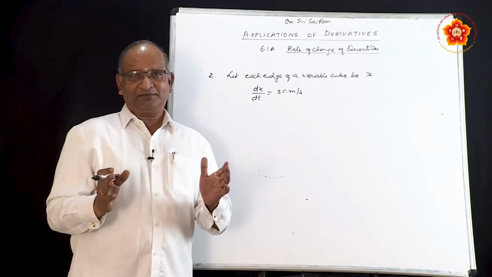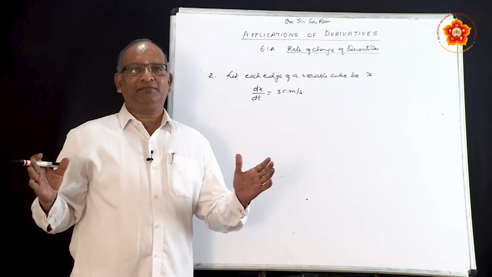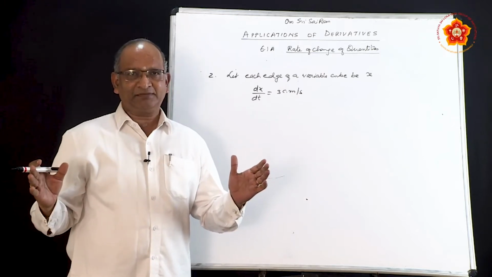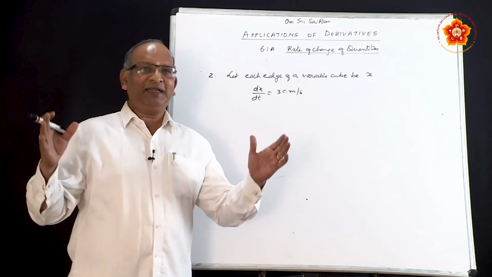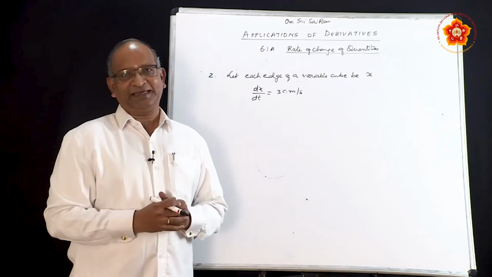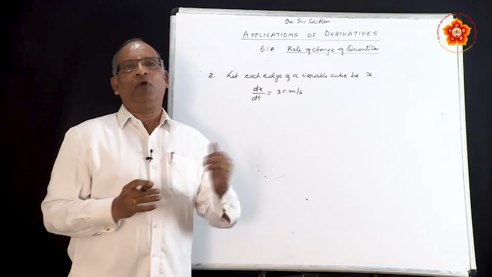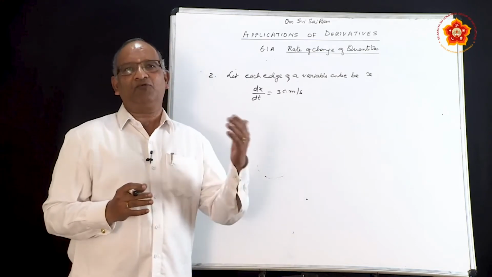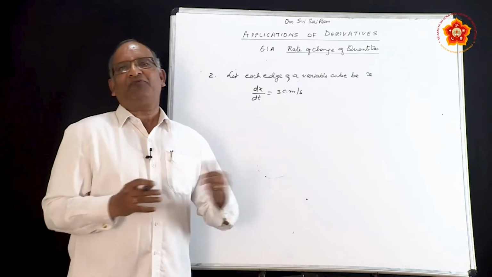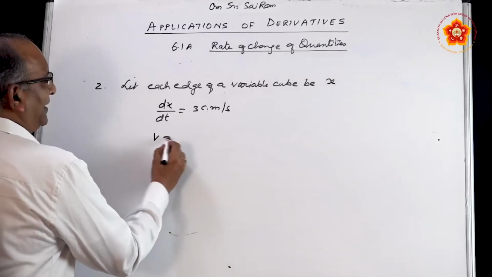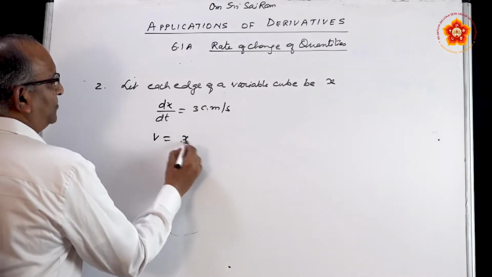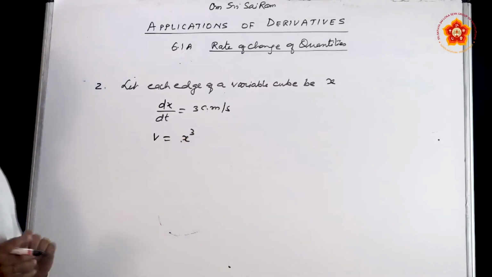We know that when one dimension increases, simultaneously the area will increase, simultaneously volume also will increase. He is asking what is the change in volume, what is the rate of change of volume. So, go back to the formula of volume of cube. Volume of cube is given by x cube because we have taken each side as x.